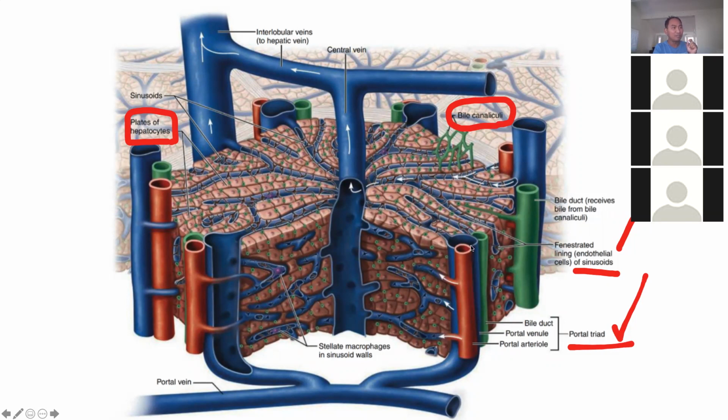artery, we have the vein, and we have the bile duct. So 3 structures are present in each and every corner of the hexagon. These 3 structures, we call the portal triad.